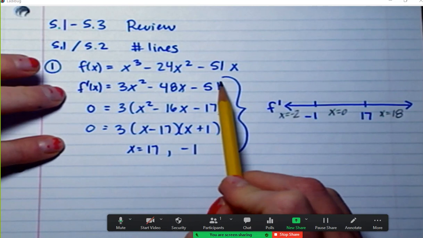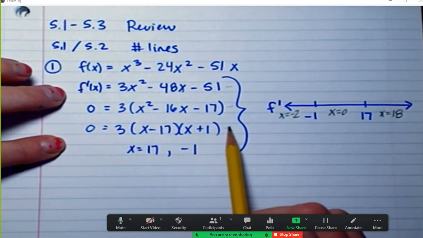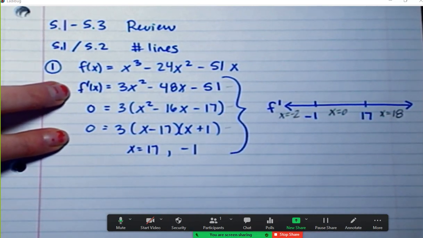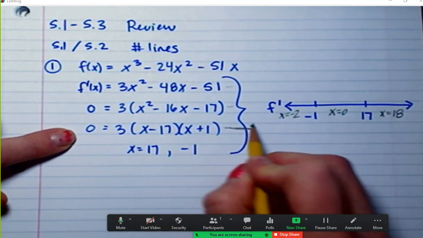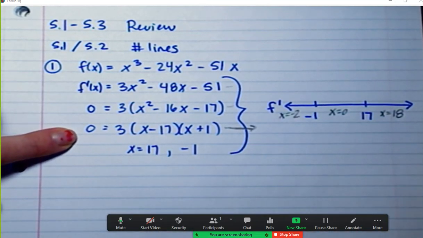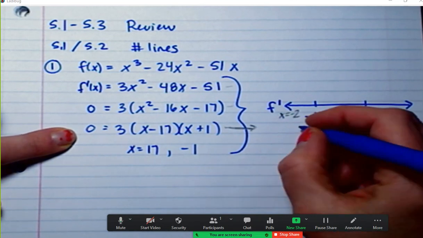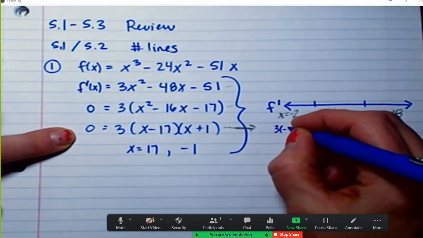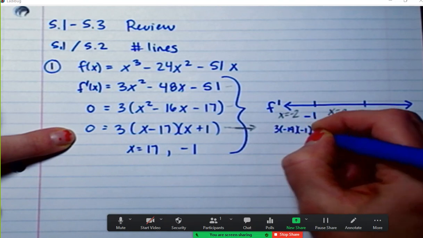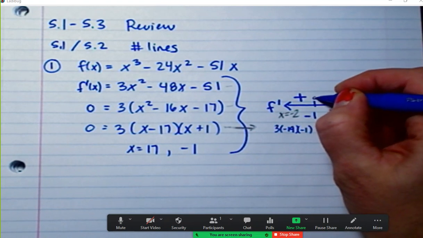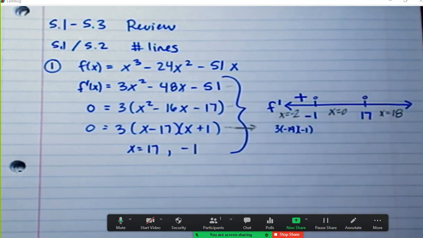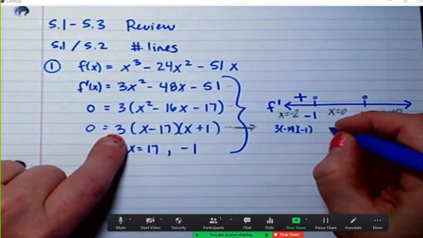Now, does it matter where you plug in? No, as long as you're plugging into the f prime. So I'm going to plug into the factored version because I feel like that's easier. Okay, so I get a positive. Obviously, I've got zeros right there because that's what I was finding. I'm going to plug in 0.